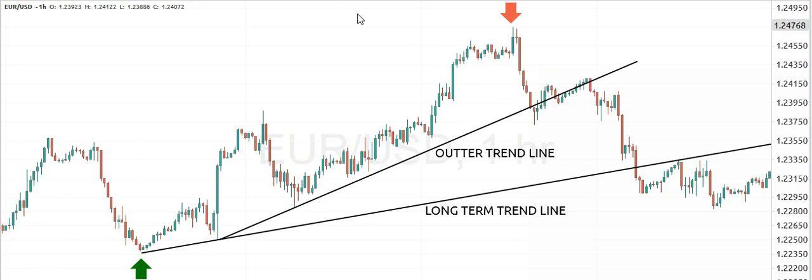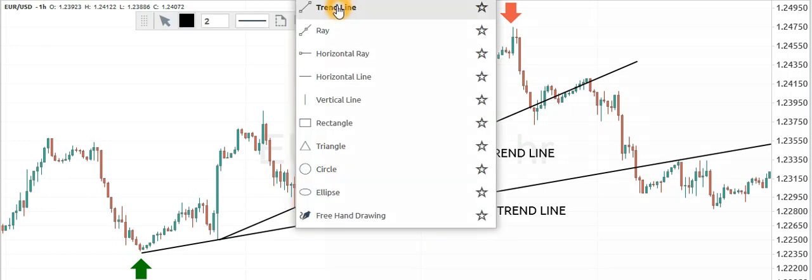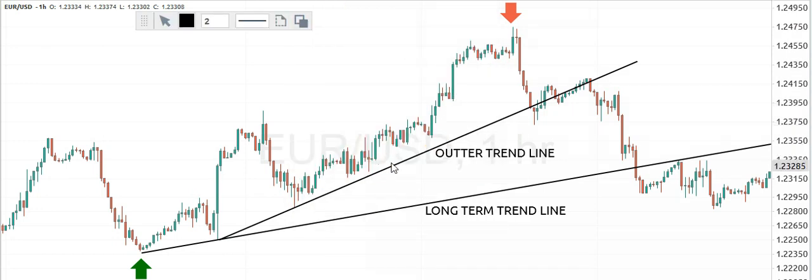Instead, we are going to start at this point, because this point will take me all the way up to the highest point of the current chart that we're looking at. So this trend line will go from this low here to the highest point, and that will form my inner trend line.